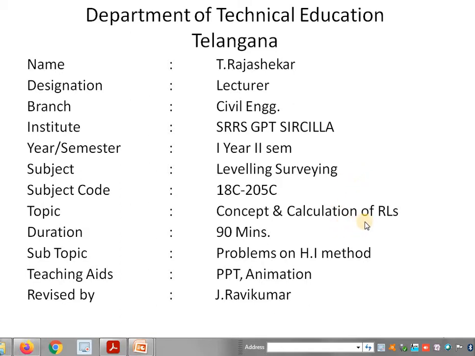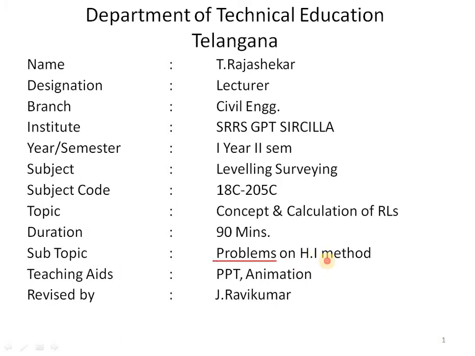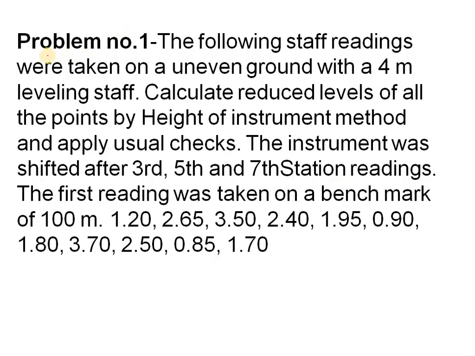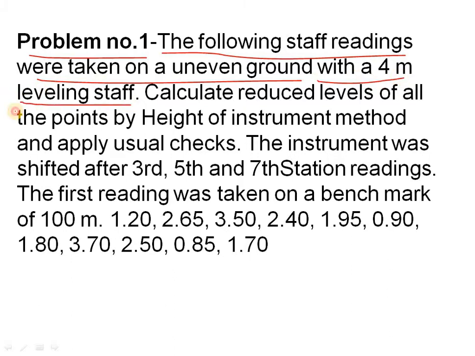So today we are going to see the problems on the HI method, that is called the height of instrument method. Problem number 1: the following staff readings were taken on an uneven ground with a 4 meters leveling staff.